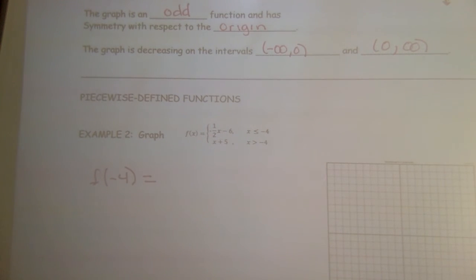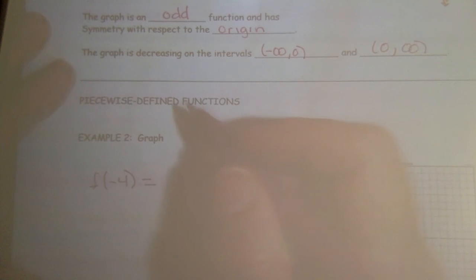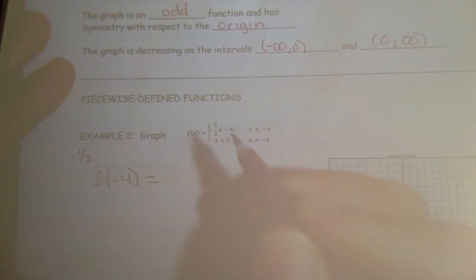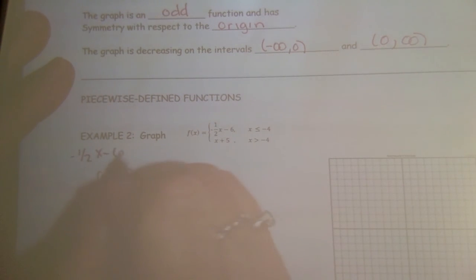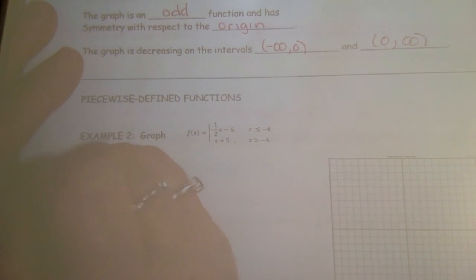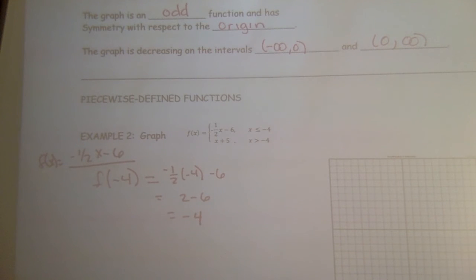What do I get? And we're only looking at negative 1/2 x minus 6 for the moment. So I plug in negative 4, I get negative 1/2 times negative 4 minus 6, that's 2 minus 6, so I get negative 4.